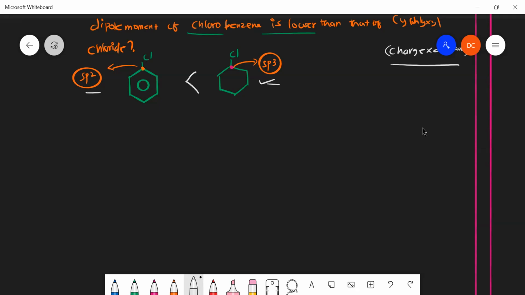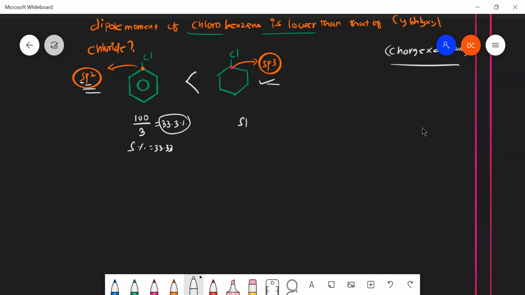SP2. So why? Because 100 divided by 3 orbitals gives 33.33 percent each. The s orbital is only one, and the remaining two are p orbitals, so the s character is 33.33 percent.